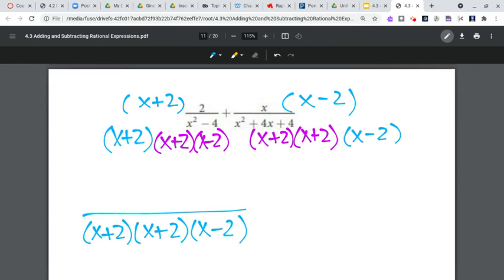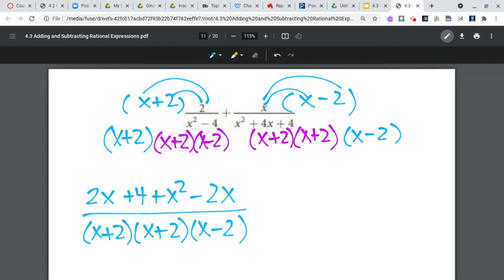At the top, I'm going to do the distribution. 2 gets distributed into this binomial. X gets distributed here, which is going to give us 2x plus 4 plus x squared minus 2x. So what's going to happen when I combine like terms is our numerator is going to become just x squared plus 4 because the 2x and the negative 2x cancel.